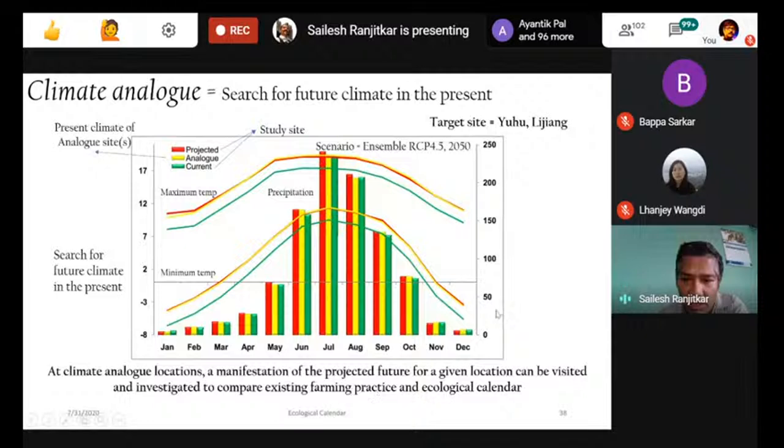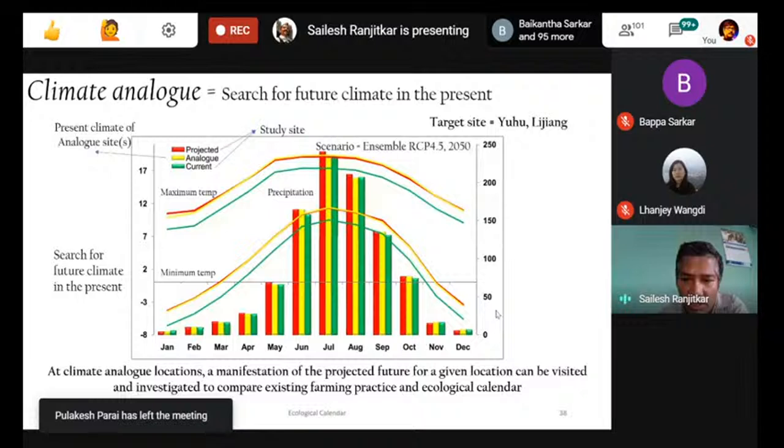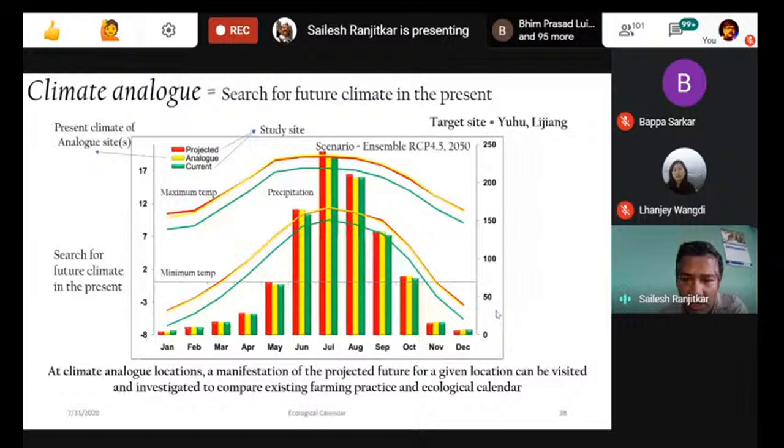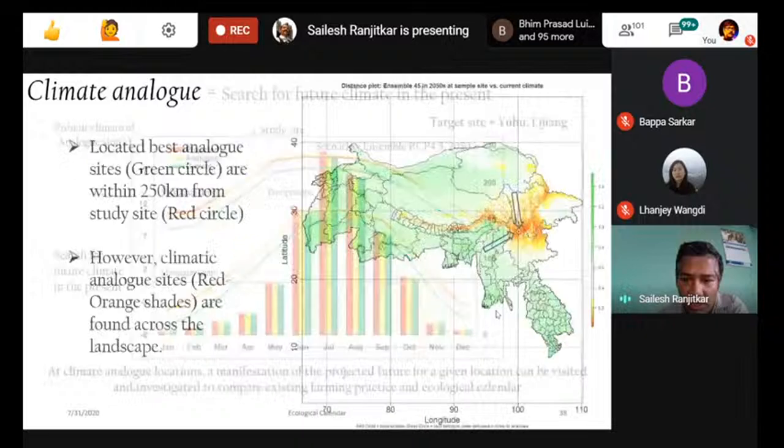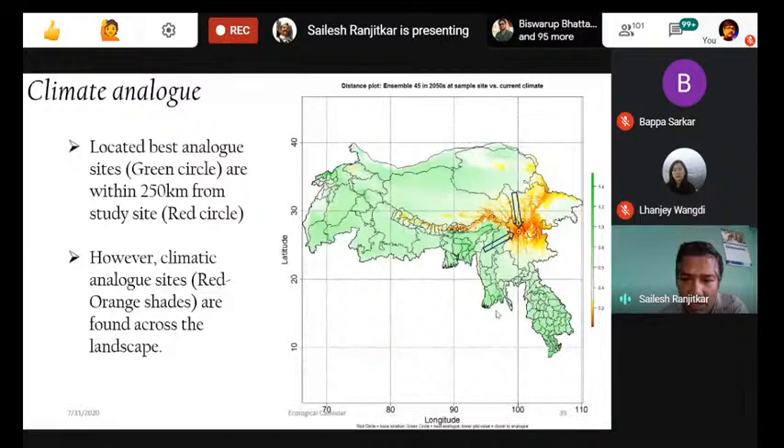This is important information because we don't know what will happen in the future. We can just have some projected scenarios, but we can see similar conditions in certain other places. The information from those places could be very useful for adaptation at our current site. That's why this analysis holds a very important position in the research.